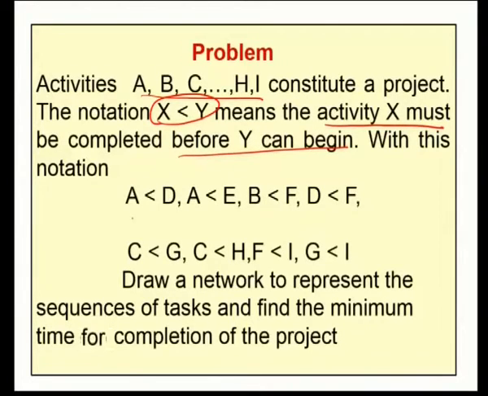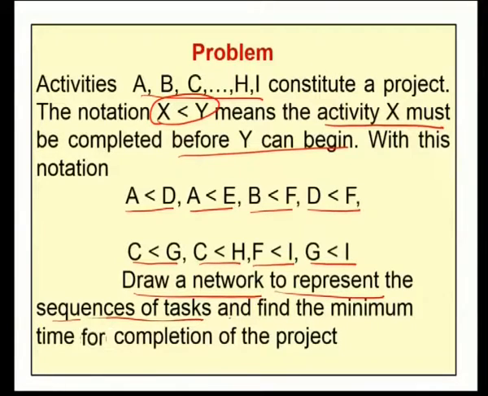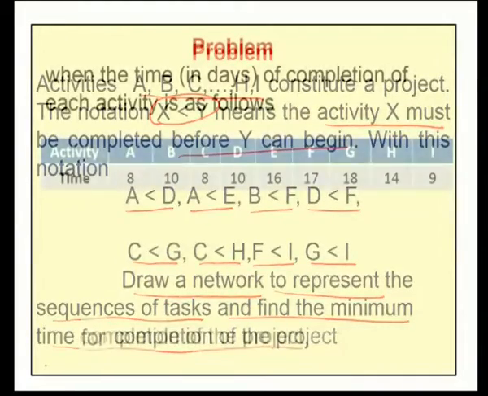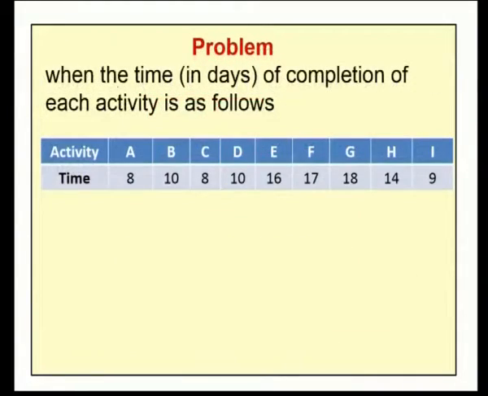With this notation: A less than D, A less than E, B less than F, D less than F, C less than G, C less than H, F less than I, G less than I. Draw a network to represent the sequence of tasks and find the minimum completion time of the project, when the time given in days for the completion of each activity is as follows.